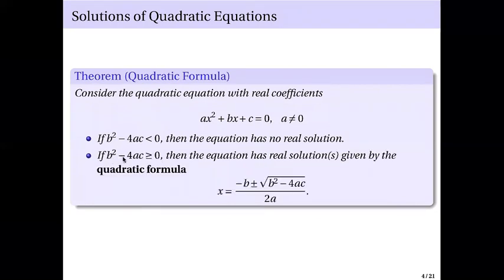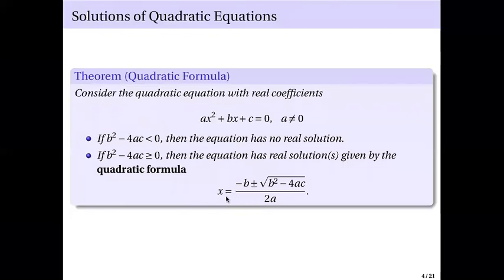If b squared minus 4ac is greater than or equal to 0, then this equation has at least one real solution, and it is given by this quadratic formula.